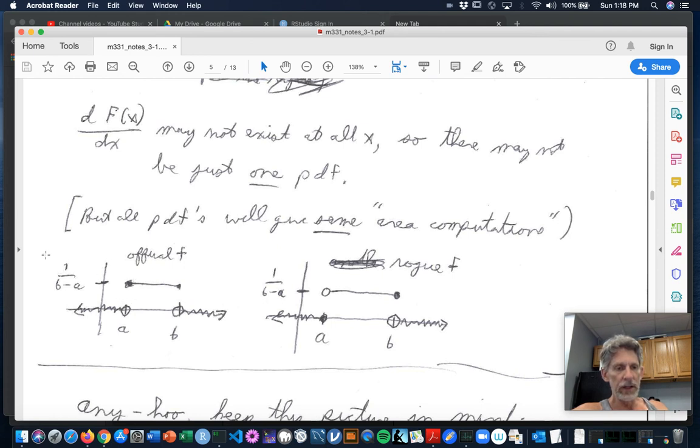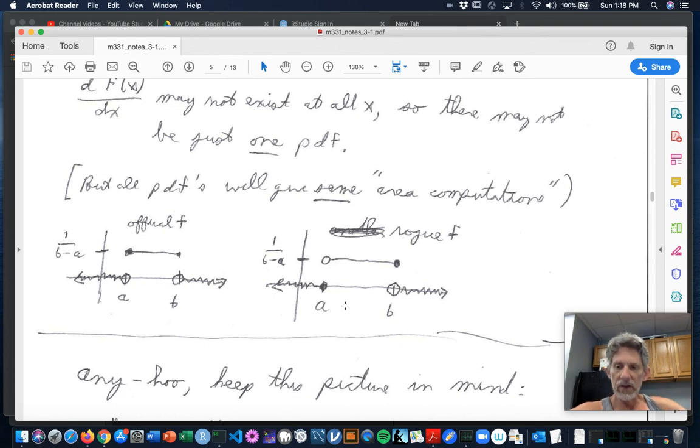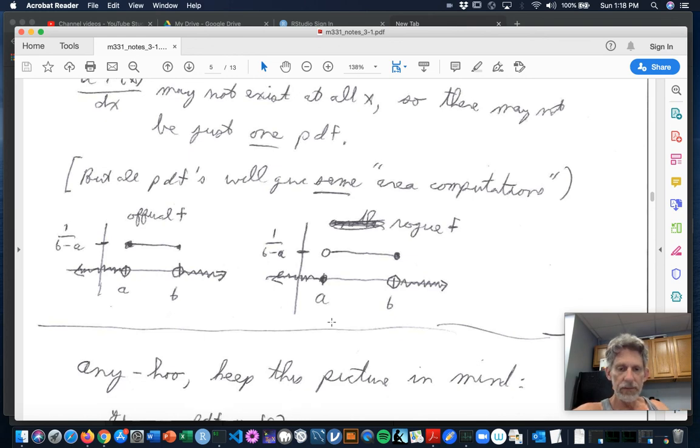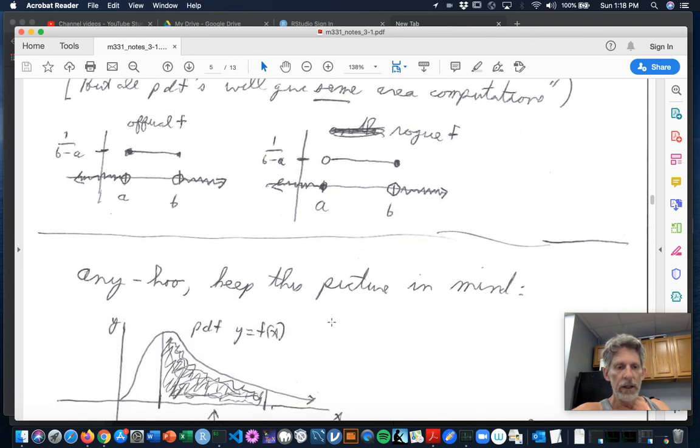Like this one here that decided that f of a should be 1 over b minus a versus this one that decided that f of a should be 0. They're going to give you the same area computations. They're going to relate to the same capital F.